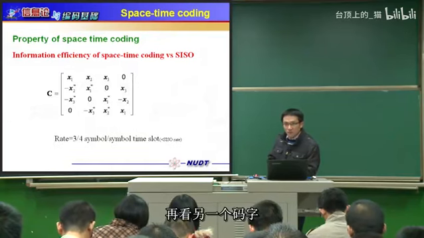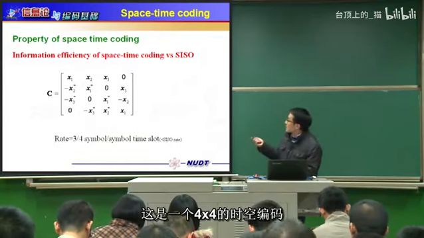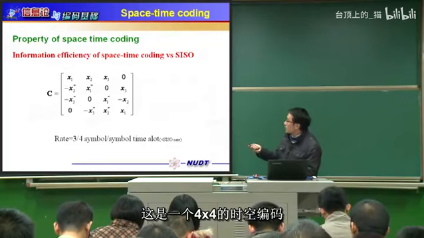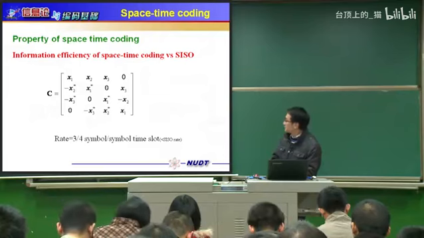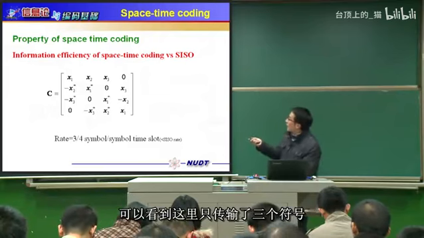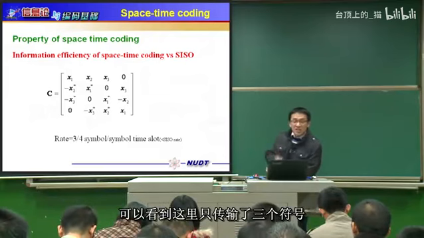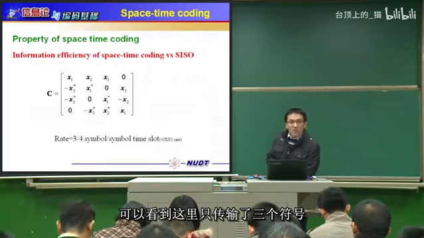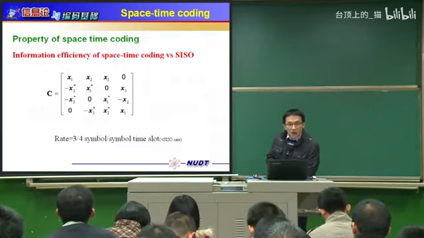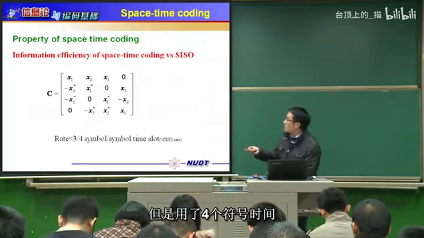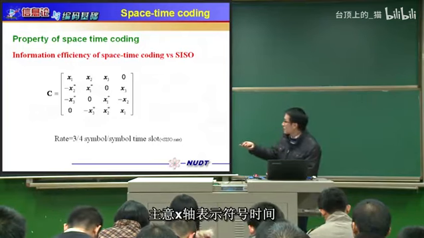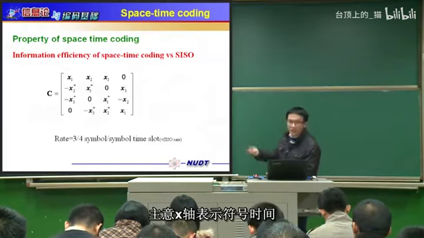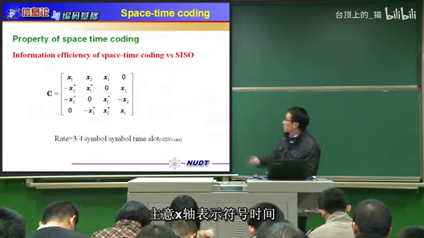See another code word. This is a space-time code with 4 by 4. We can see there are just three symbols transmitted, but it uses 4 symbol time slots. The x-axis is the symbol time slot.